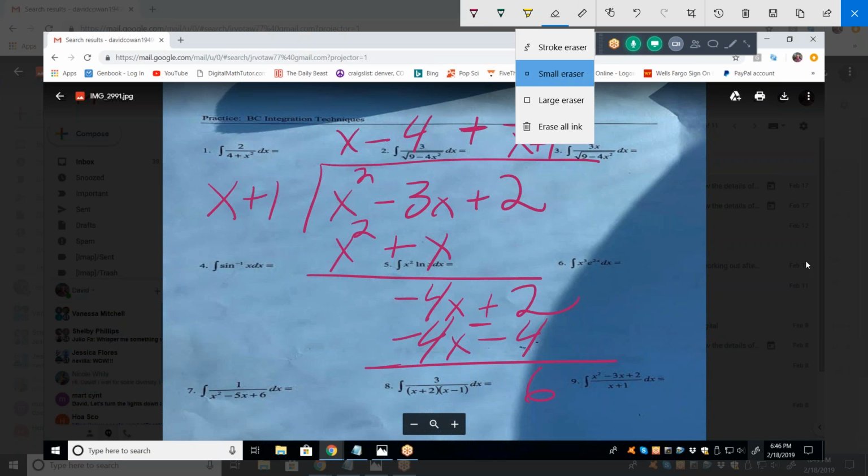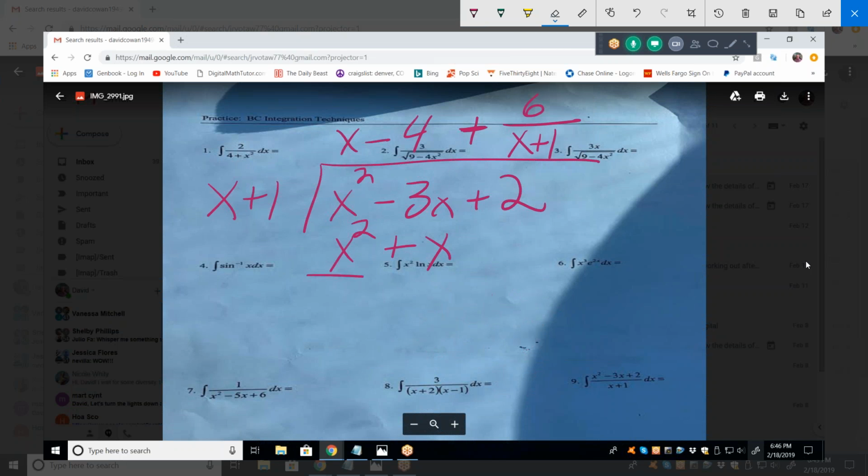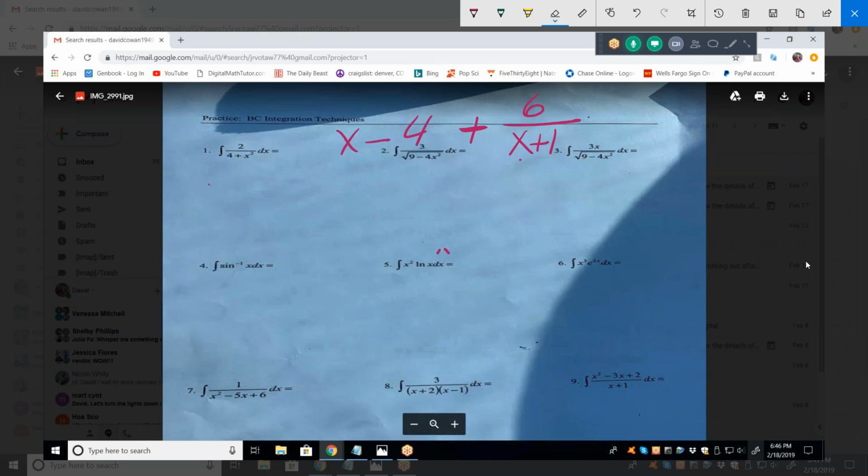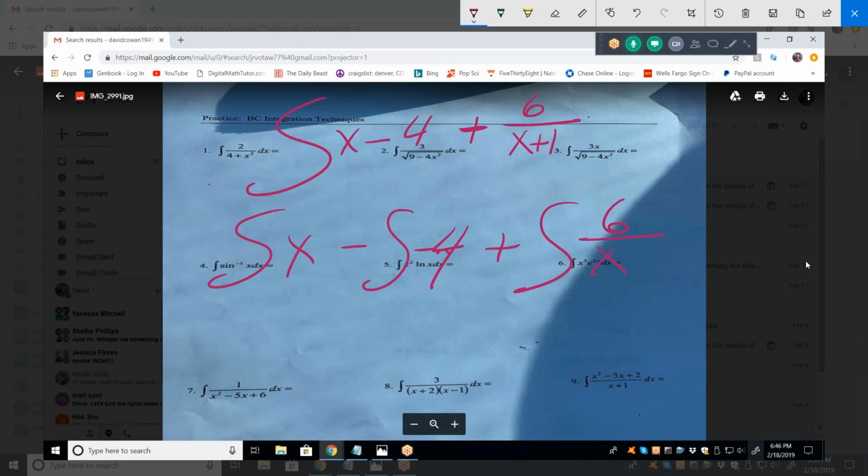In other words, if that's what that is, and if I'm taking the integral of that, now I say it's easy because the integral of a bunch of things is the integral of each one of them. So that's the same as the integral of x minus the integral of 4 plus the integral of 6 over x plus 1.